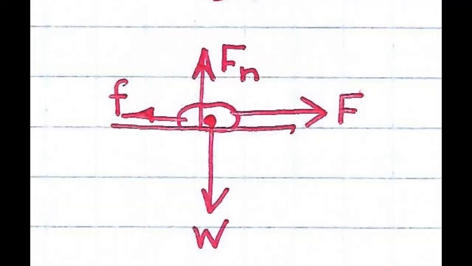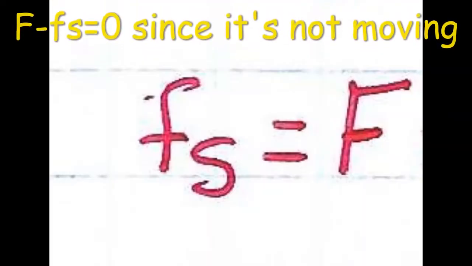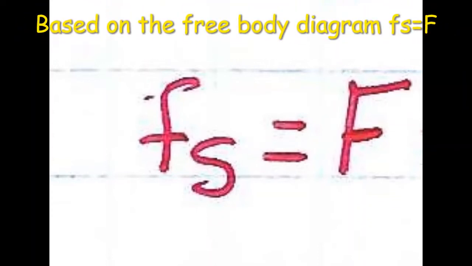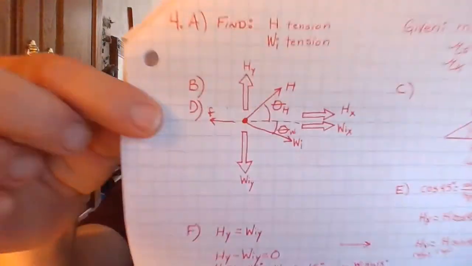All right, let's look at a typical free body diagram. That's big F minus little f, right? Yes. So if we apply that to our situation, what are the forces then that are working opposite of F? Look at our free body diagram.